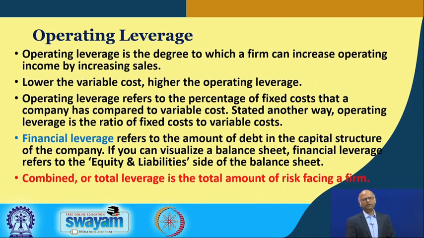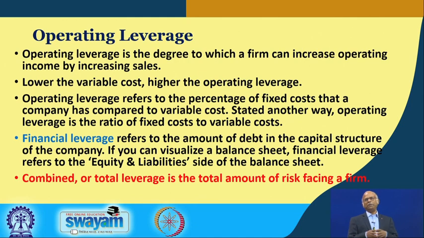Operating leverage is defined as how much a firm's operating income increases with respect to an increase in sales. If the operating income increases at a very high rate, it is called a very high degree of operating leverage. Lower the variable cost, higher the operating leverage, because low variable cost usually means high fixed cost, as you attain low variable cost by investing in machinery, automatic machinery, etc.